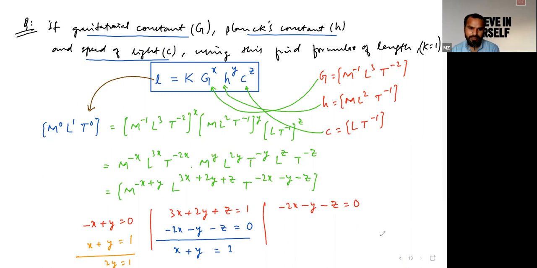Umar, just 1 minute. Umar, it would be in fraction.